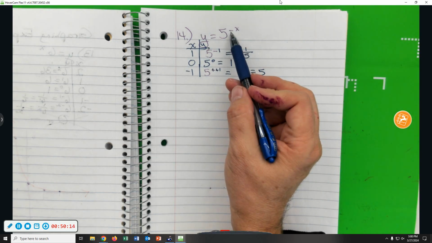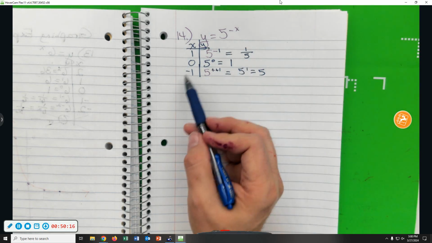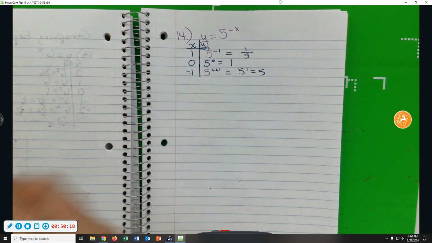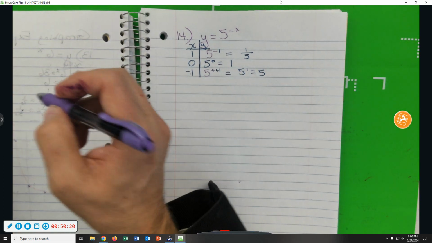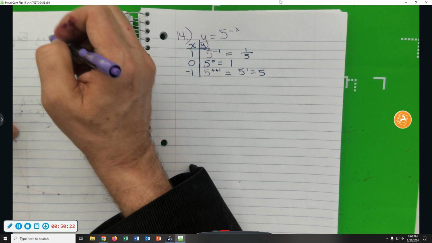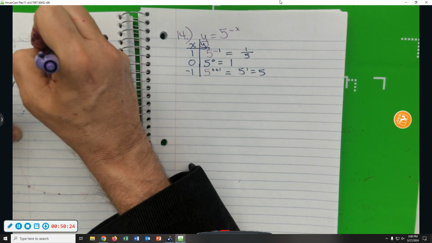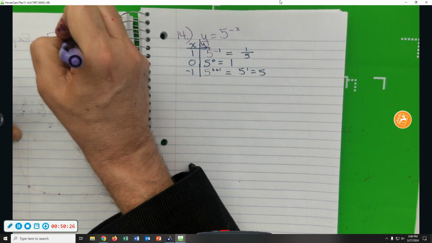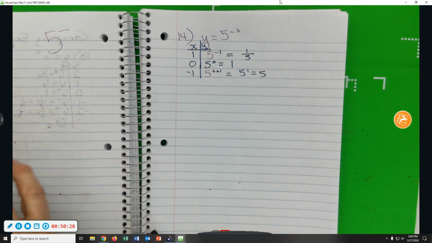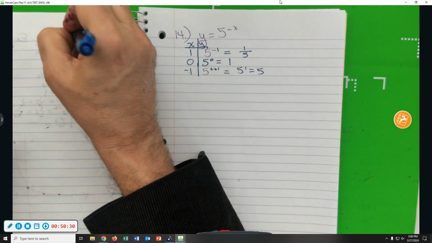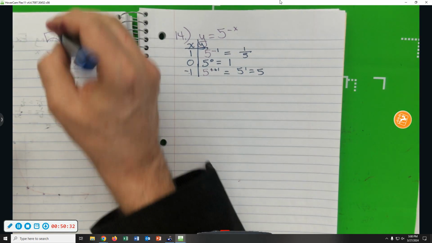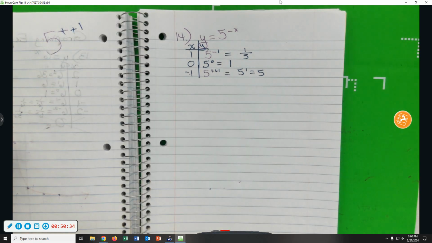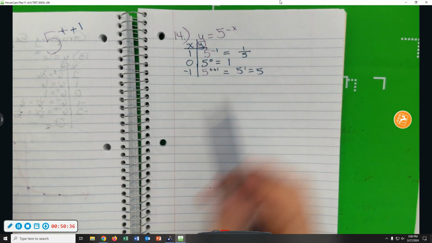Because you have the negative from the function, and you're plugging in that negative there. Okay, Amy, watch what I'm going to do. You have 5 to the negative, and then you plug in the blue -1. Negative becomes positive. 5 to the first power is 5.